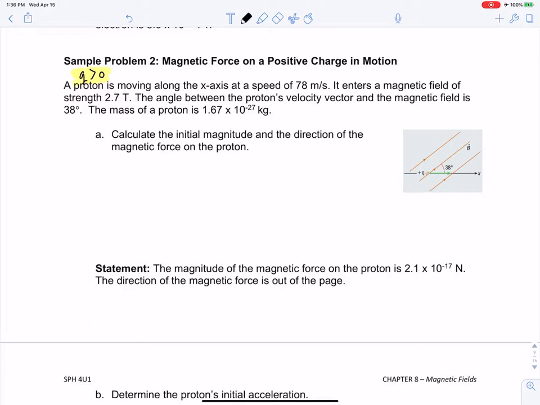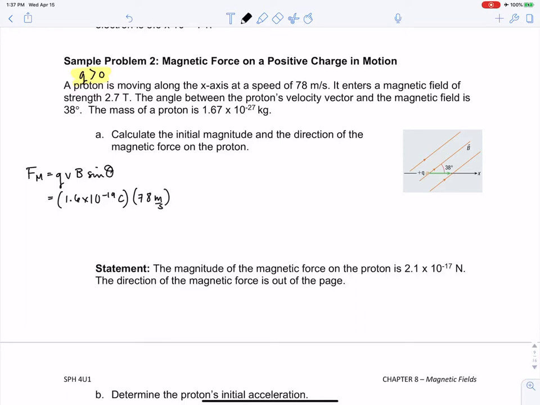Let's start with the magnitude. Magnetic force is equal to QvB sine theta. Q is 1.6 times 10 to the power of negative 19 coulombs. It's a proton, so we know its charge. We're not including a sign because we're concerned with the magnitude. The speed is 78 meters per second.